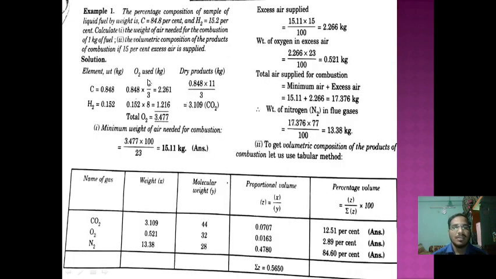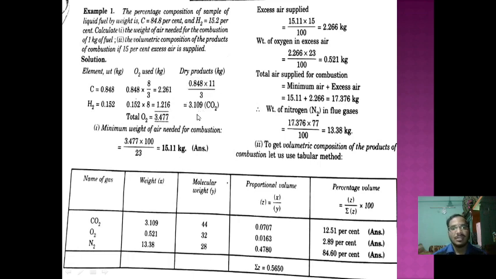The quantity of carbon times 8/3, calculated on your scientific calculator, gives 2.216. This is the quantity of oxygen used for carbon, and this is the quantity used for hydrogen. The total quantity of oxygen we are using is 3.477.